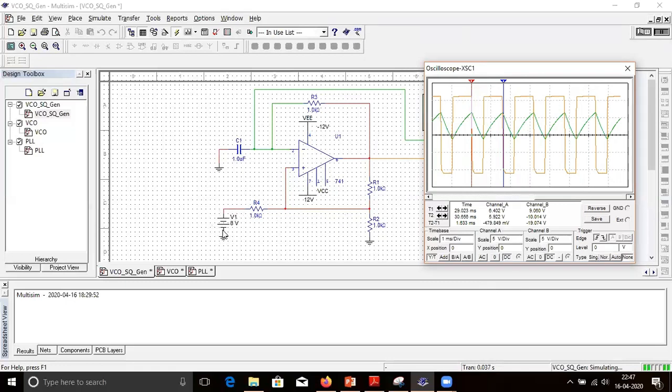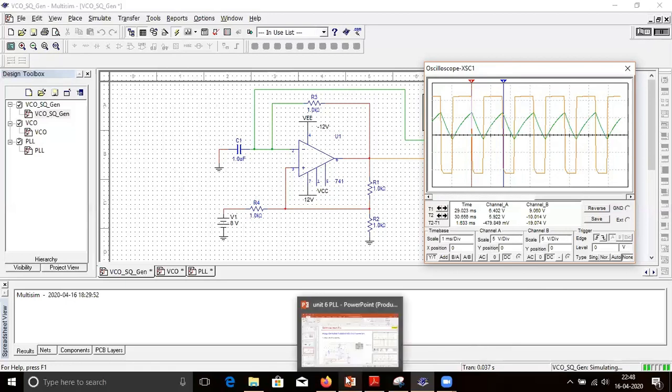So we can call this as control voltage, V control, and we are changing the output frequency of the oscillator. So this is a perfect example of VCO, voltage controlled oscillator. So hope you have understood the concept of voltage controlled oscillator through this simulation.